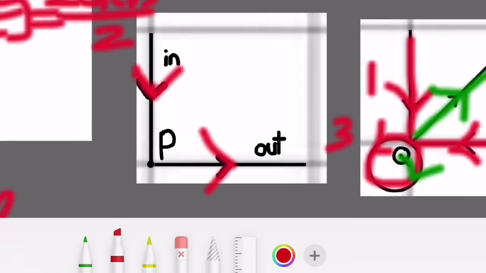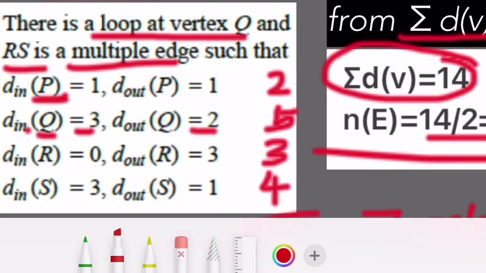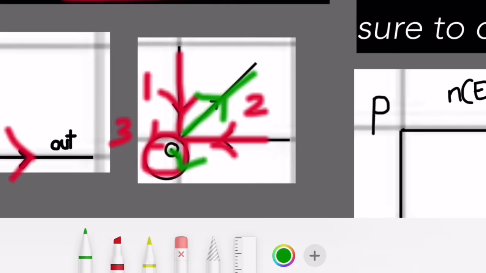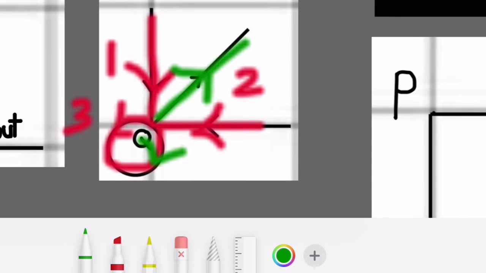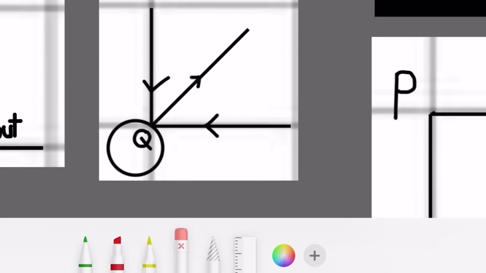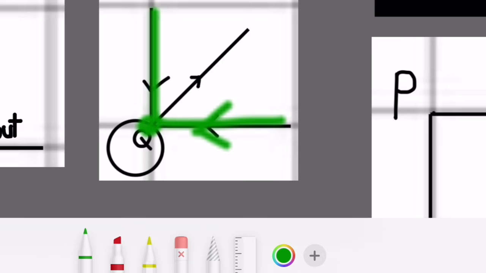Okay, for the loop we have in 3, we have out 2. So how to see in 3, out 2, I'll explain again. The red one, again I show, this is in, going into Q, this is in, and this one is in.